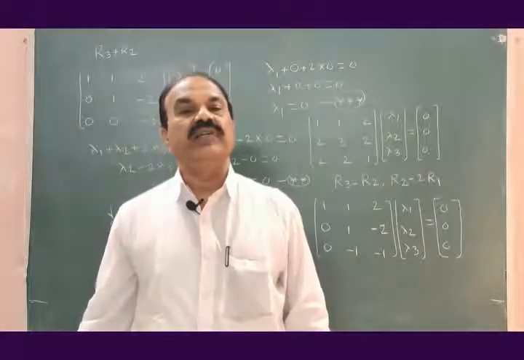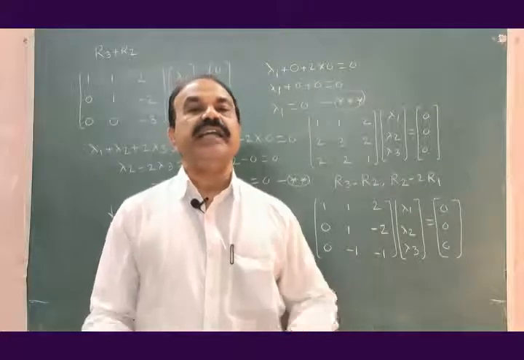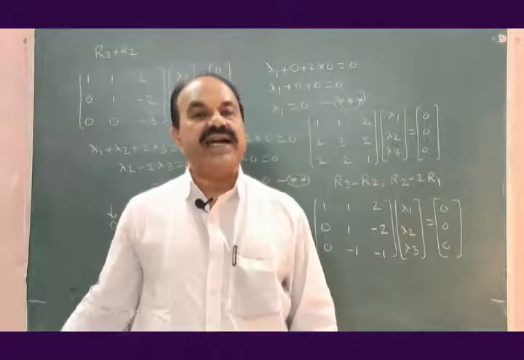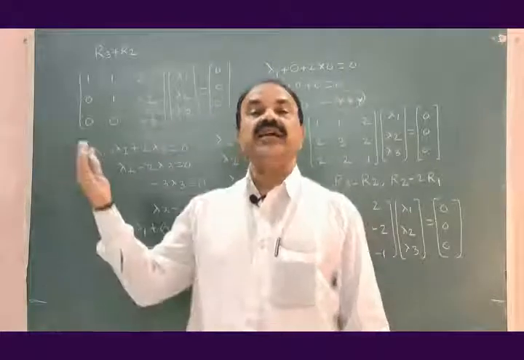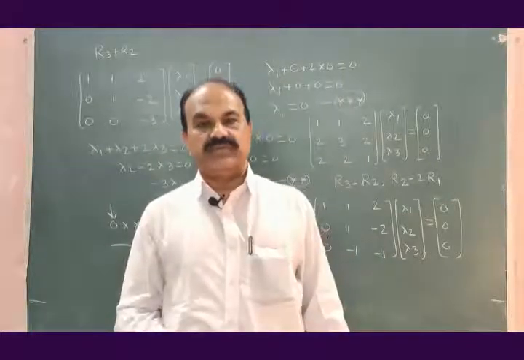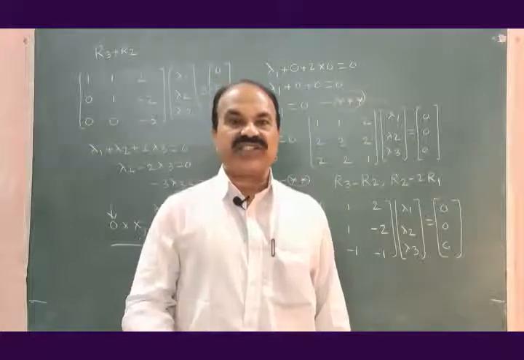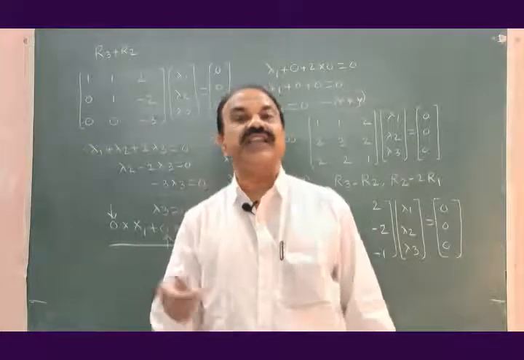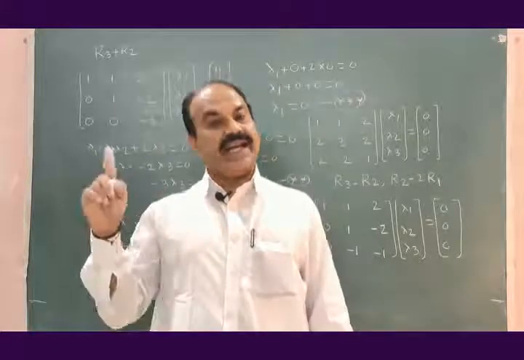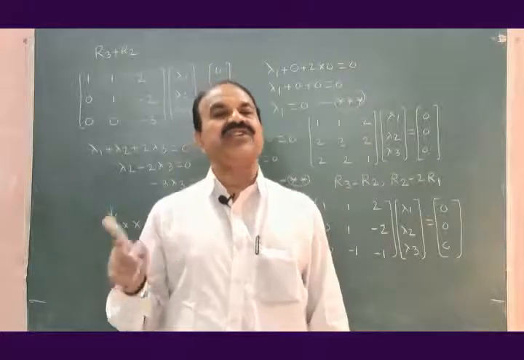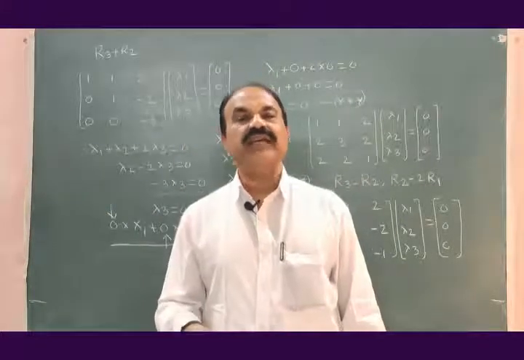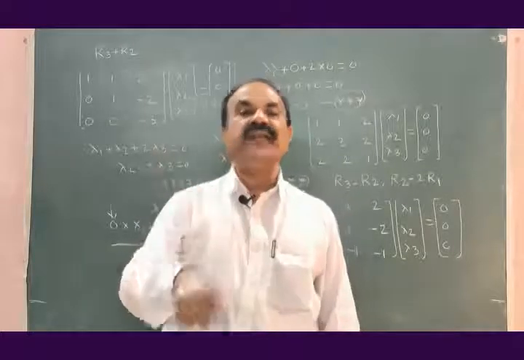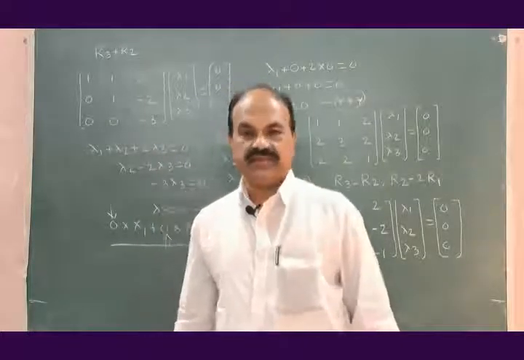In this problem, the vectors are independent of each other as the scalar constants are 0. In the earlier problem, the scalar constants were not 0, they were non-zero, and therefore the vectors x1, x2, x3, x4 were linearly dependent on each other.